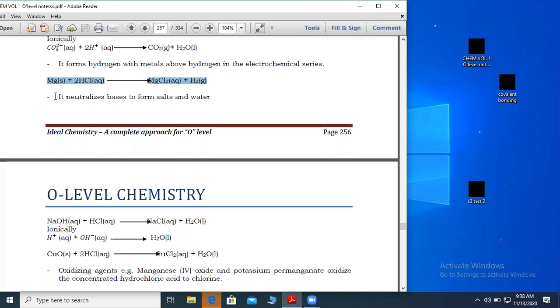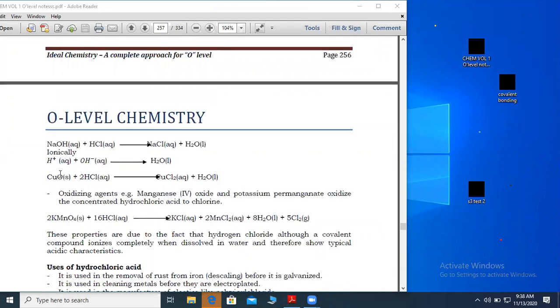It neutralizes bases to form salts and water, this is another chemical property. Hydrochloric acid, like any other acid, when reacted with sodium hydroxide, which is a base, acids react with bases to form a salt and water. You studied that in senior 2. Remember about acids and bases. So when sodium hydroxide is reacted with hydrochloric acid, the product is sodium chloride and water.